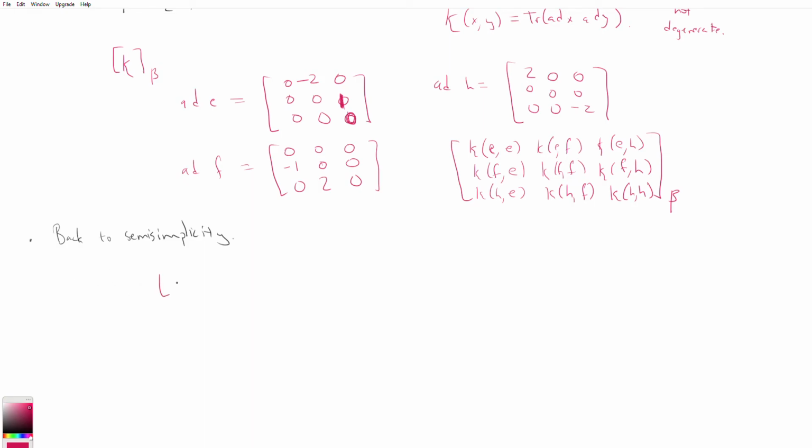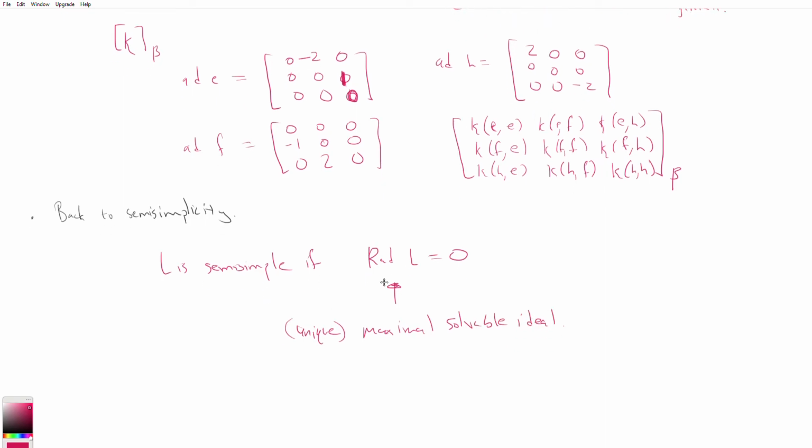So L is semi-simple if the radical of L is equal to 0. That is, the radical of L is the unique maximal solvable ideal, right?